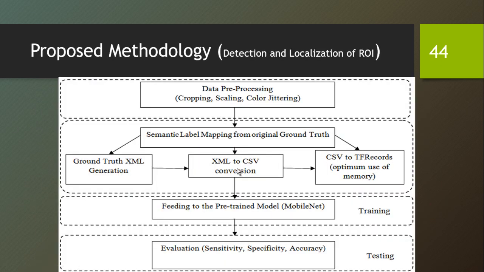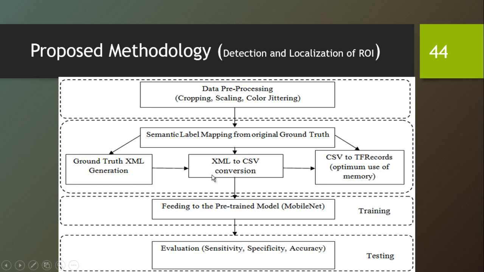Once the ROI was extracted through cropping, it was fed to data augmentation like color jittering and scaling. Some semantic labels were assigned using a bounding box tool. This process generated XML files having X and Y coordinates. Because detection is a regression problem, these coordinates behave like ground truth for the learning model.